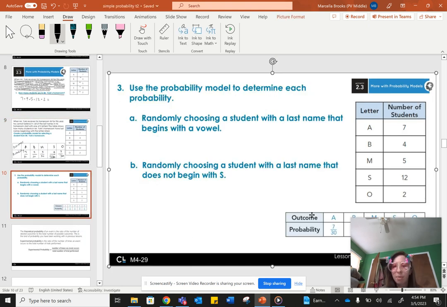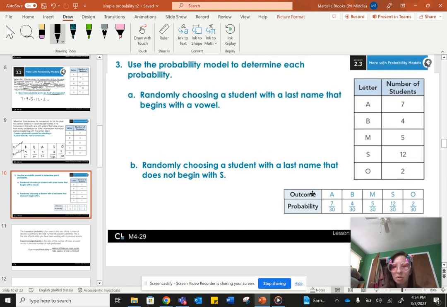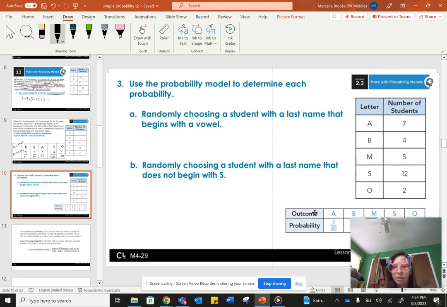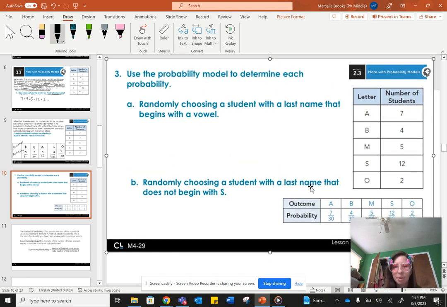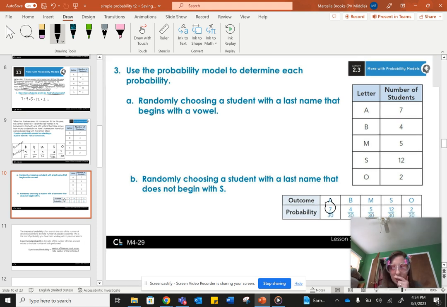So here we have that probability model. I'm going to move this up. Okay. So what is the probability of randomly choosing a student with a last name that begins with a vowel? So vowels are A and O. So we just add those together.